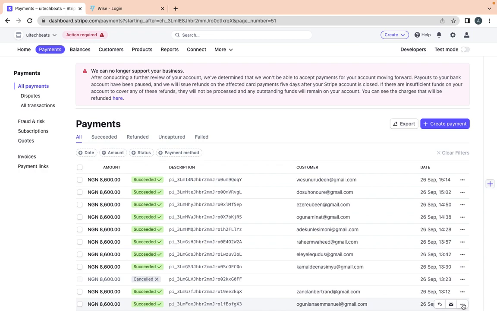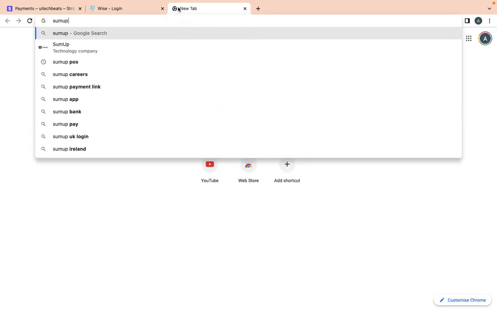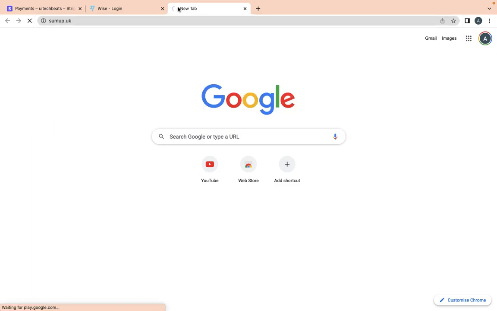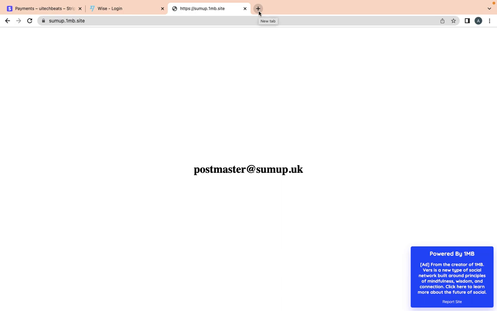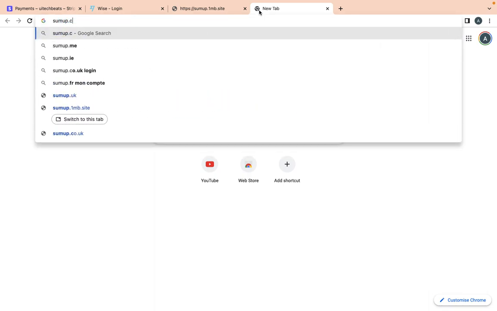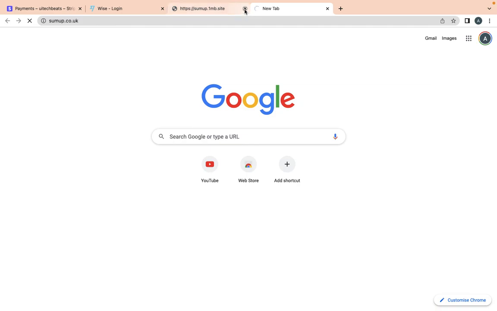So it's not only Stripe that is available. There are other payment processors that you can use. There's SumUp.co.uk.